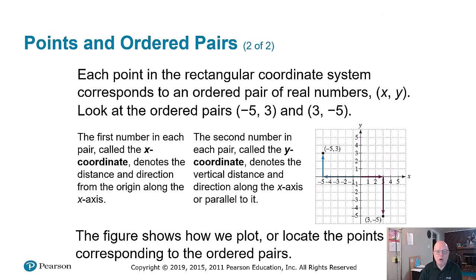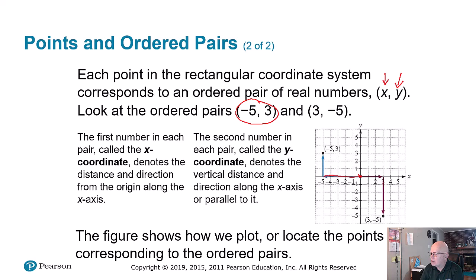Next, every point in that coordinate system is identified by an ordered pair of real numbers. The first coordinate is the x-coordinate, the second coordinate is the y-coordinate. So if you've got a point like (-5, 3), you start at the origin. The -5 tells you where to go on the x-axis.